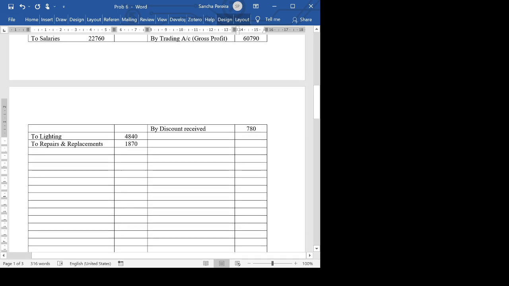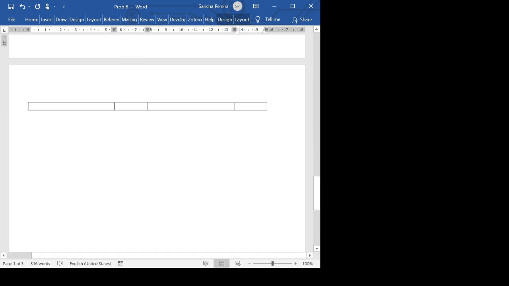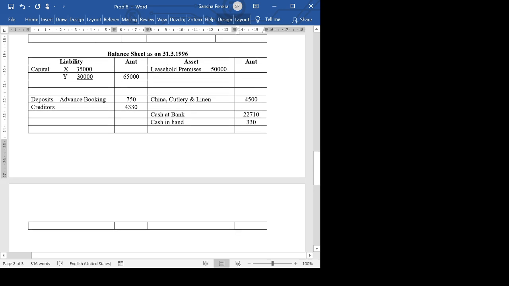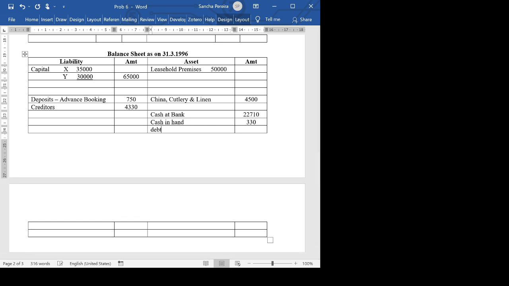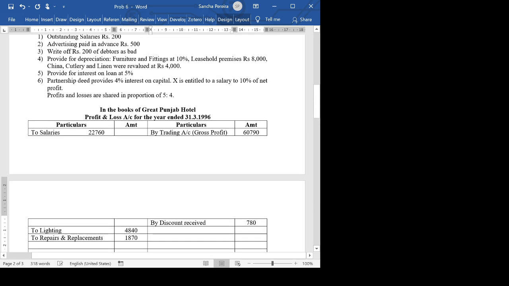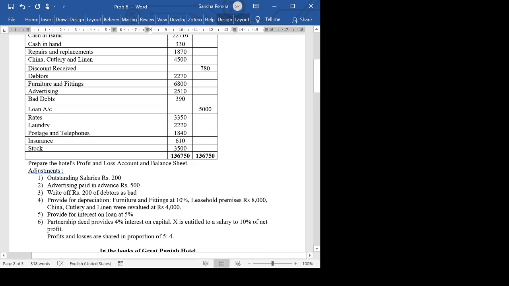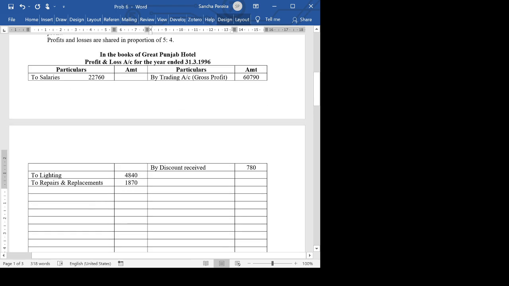Debtors 2270. Inner column because there's an adjustment. There's new bad debts. Then there is furniture and fittings 6,800.